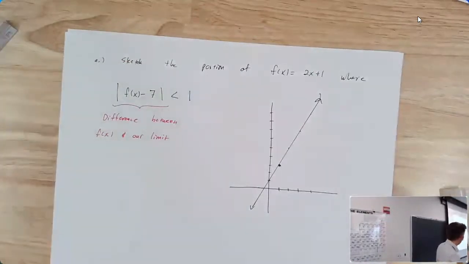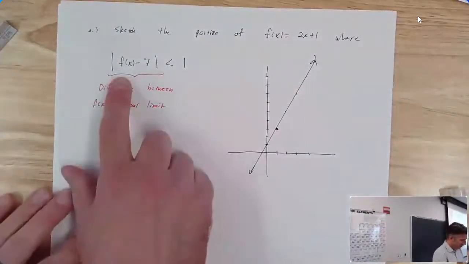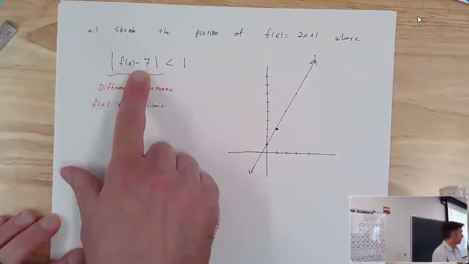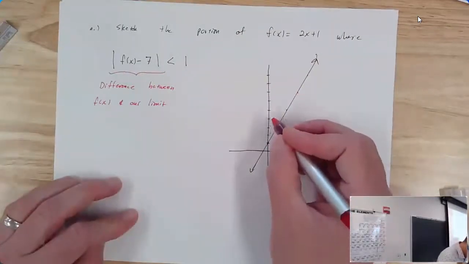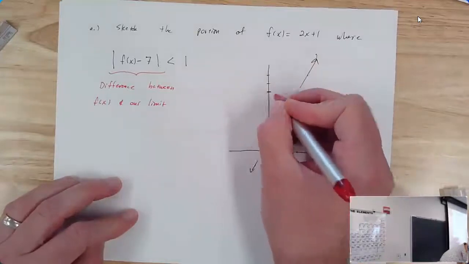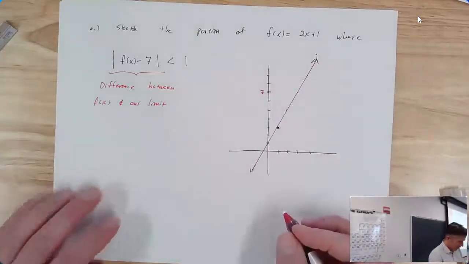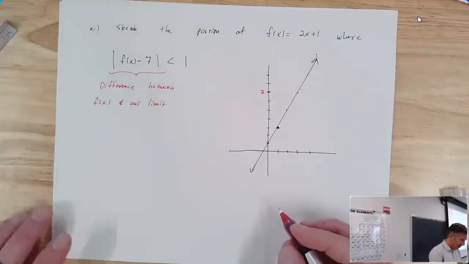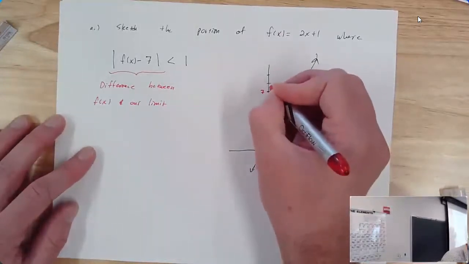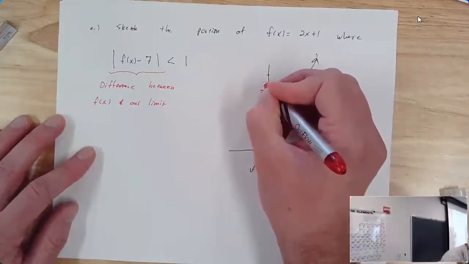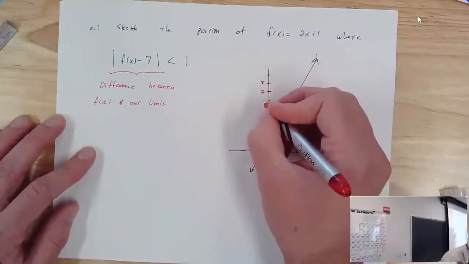I only wanted the part where the difference between my function and 7 was less than 1. So here's my function, and here's 7. I want the difference between my function and 7 to be less than 1. So I only want to go as much as 1 above 7, to almost 8, and 1 below 7, to almost 6.